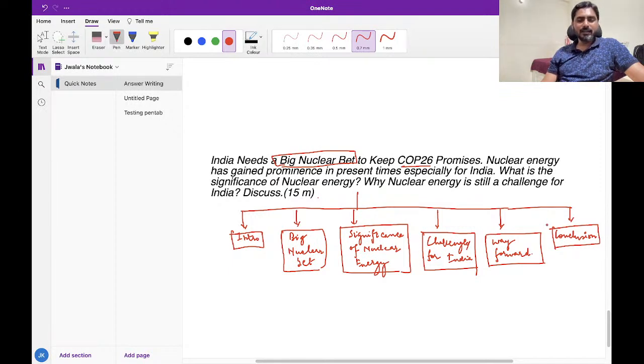Yes, what can we write as an introduction to this type of question? India needs a big nuclear bet to keep COP26 promises.